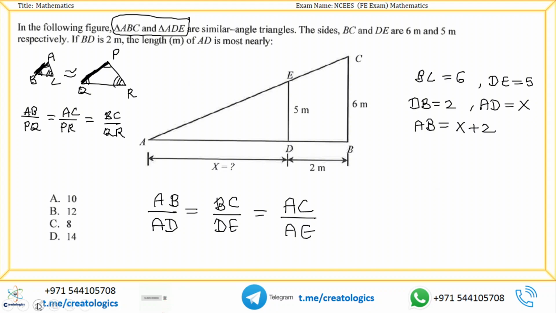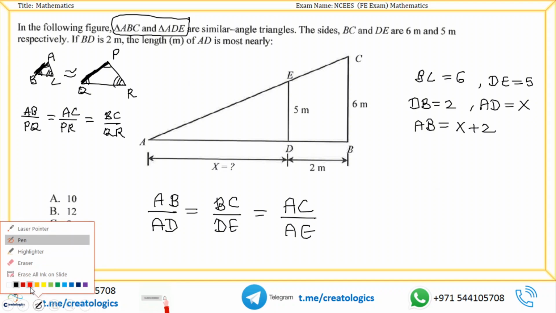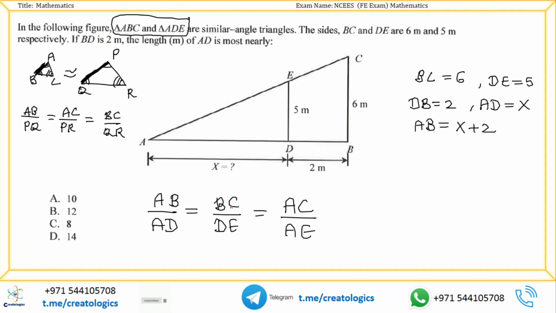Now we need to choose those expressions which will give me my answer. Looking at the given expression, I check for the sides which have BC, DE, and also AB and AD. So this one we need.